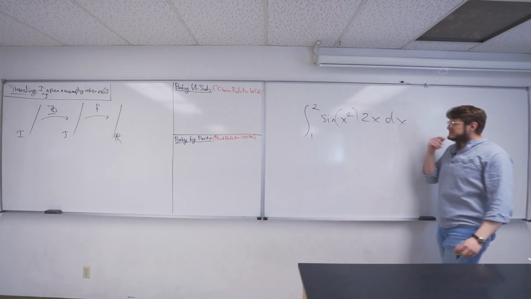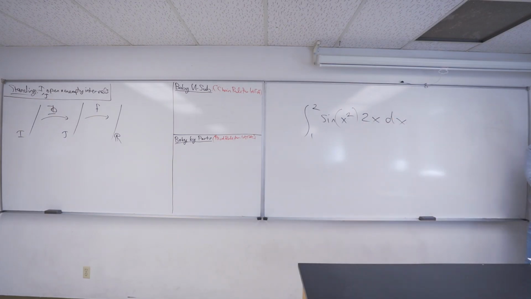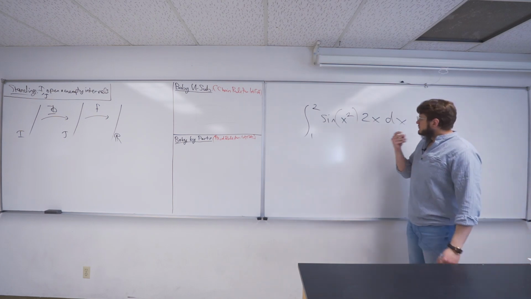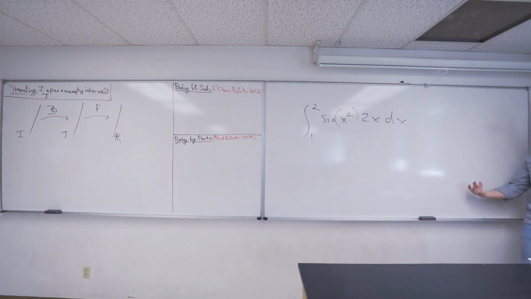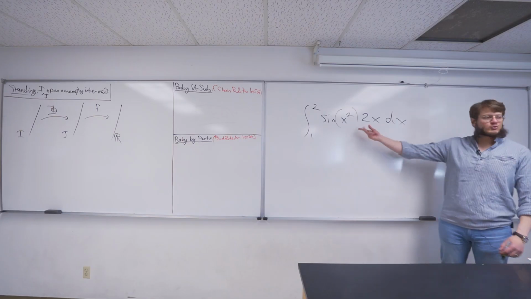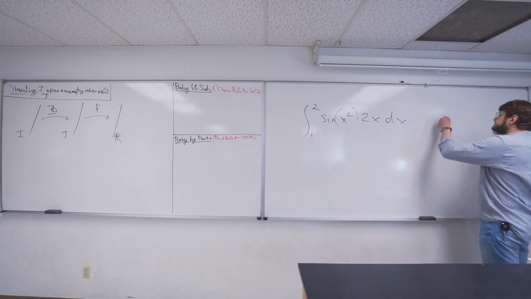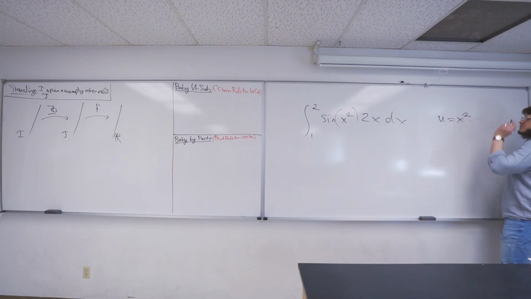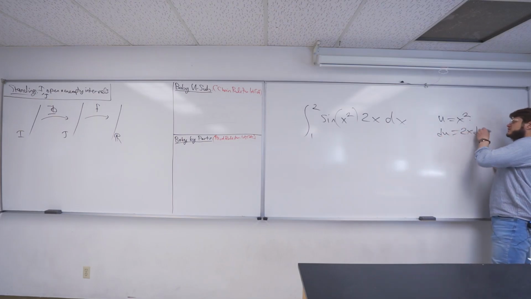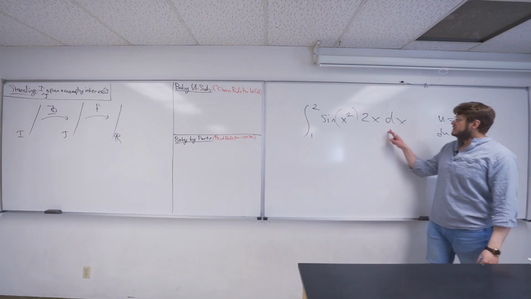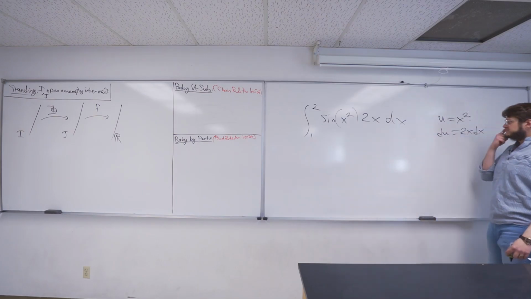Imagine we have this integral. And of course, I hope you would agree, if you were to see something like this, your first instinct should be u equals x squared. That should be the substitution. And then you're going to say, oh, if that is the case, du equals 2x dx. So you can do the substitution.